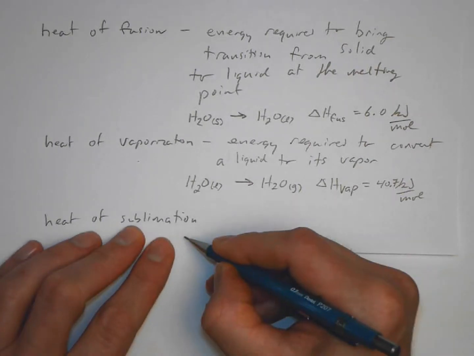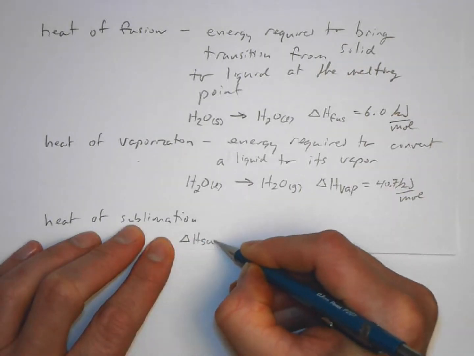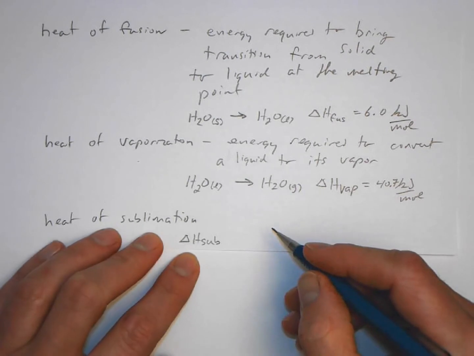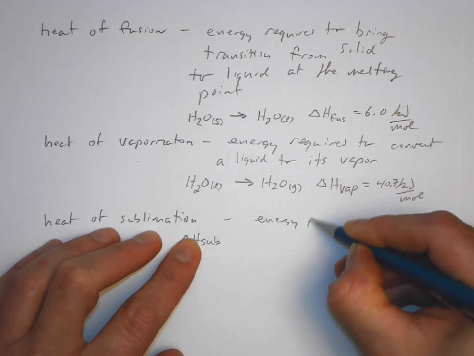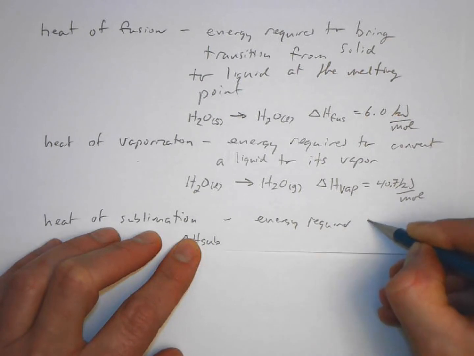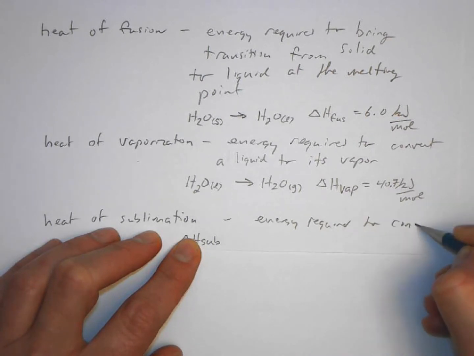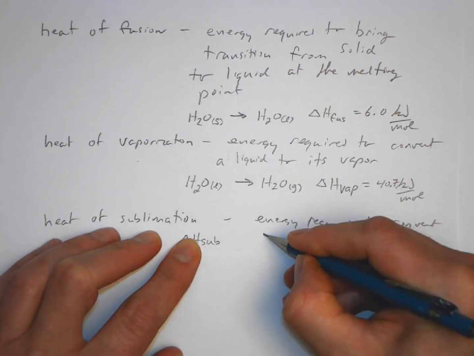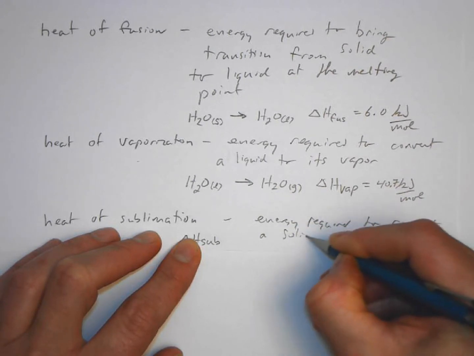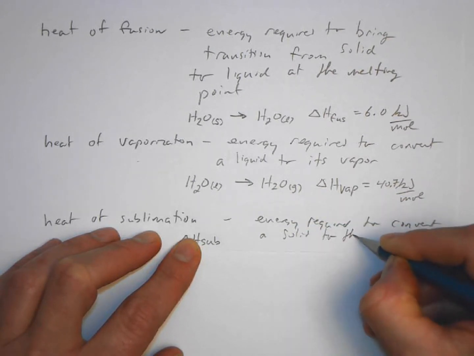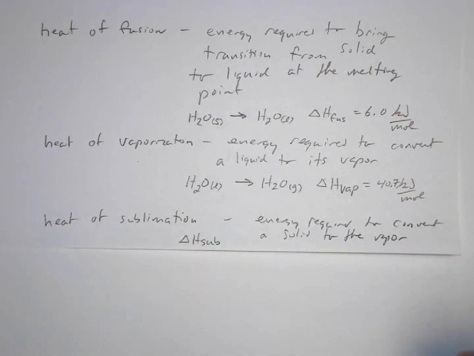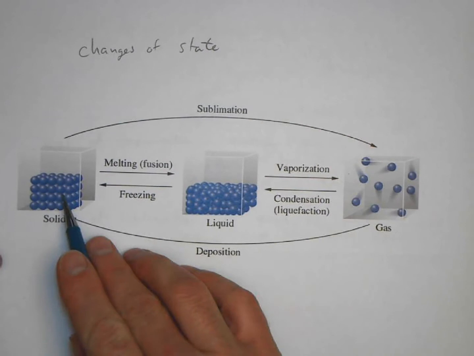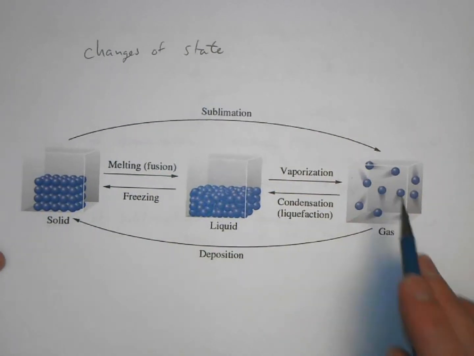Delta H of sublimation would be quite simply the energy required to convert a solid to the vapor. So with heat of sublimation, we're going from a solid directly to the gas phase.